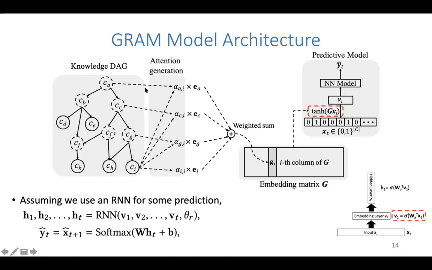So the GRAM network is a more restricted form of graph neural networks, because it is not pulling information from this guy. It is only pulling information from its ancestors. So it's a graph neural network with a very specific form of adjacency matrix. But if you use vanilla, ordinary graph neural networks, then individual concepts will pull knowledge from all the neighbors.